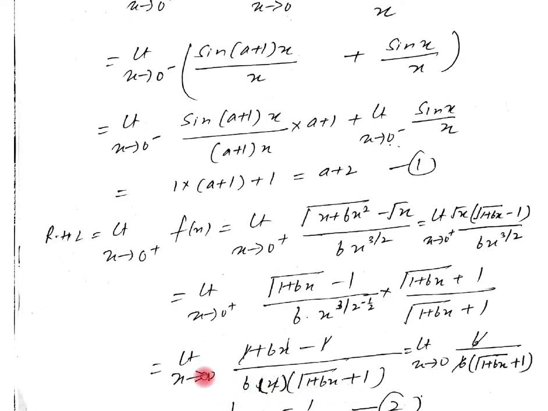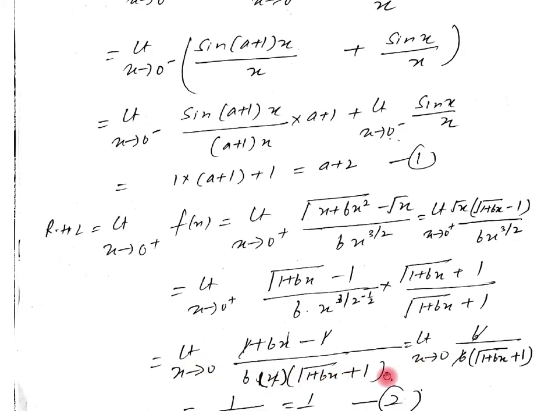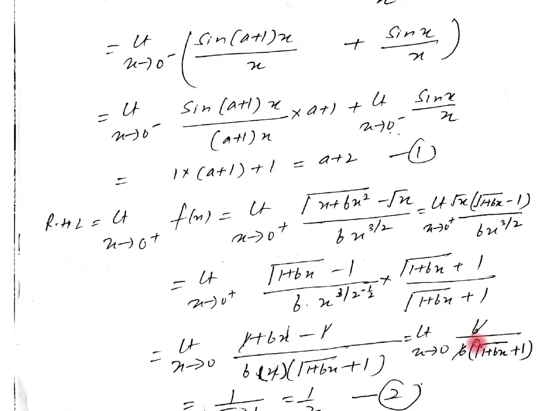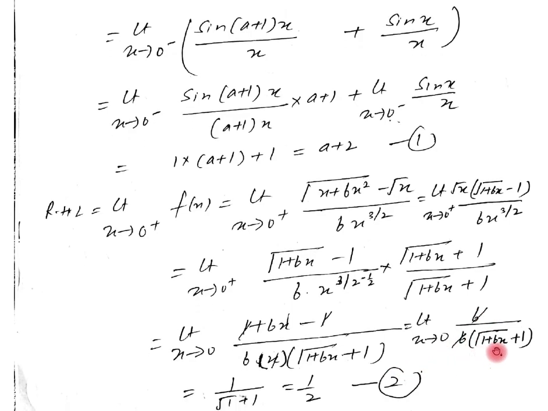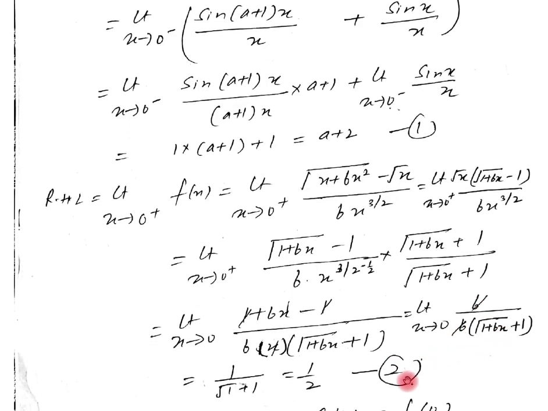Now taking limits also, x tends to 0. Now the common terms will be cancelled, x cancelled with x and b cancelled with b. Now taking limit x equal to 0, when we put x equal to 0, it becomes 1 upon under root 1 plus 0, because bx is 0, under root 1 plus 1, it is equal to 1 by 2.